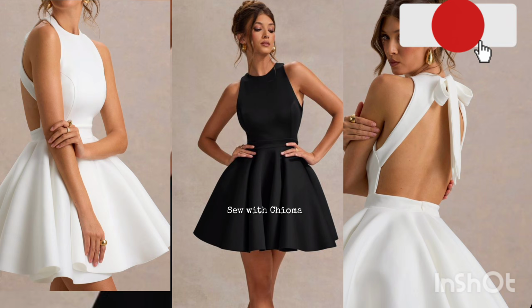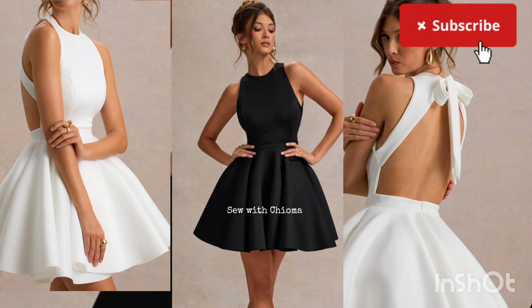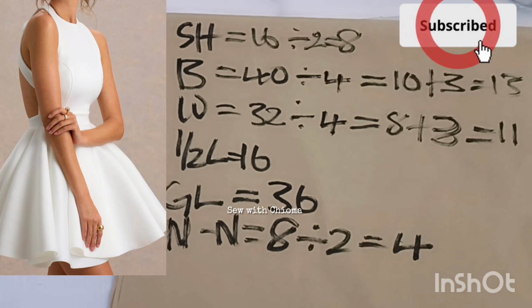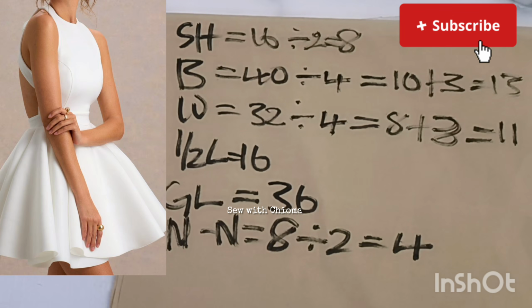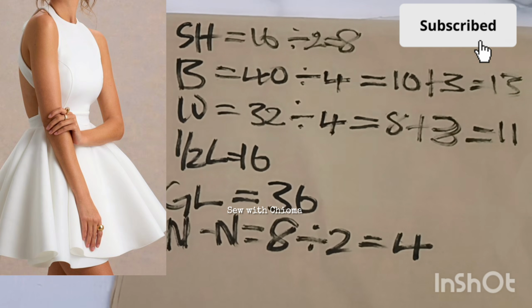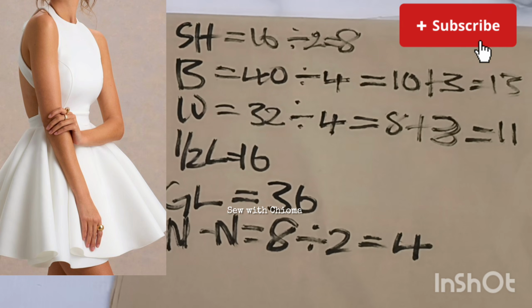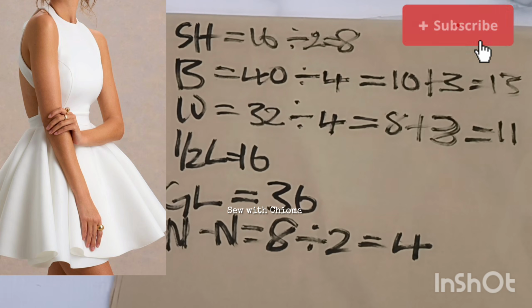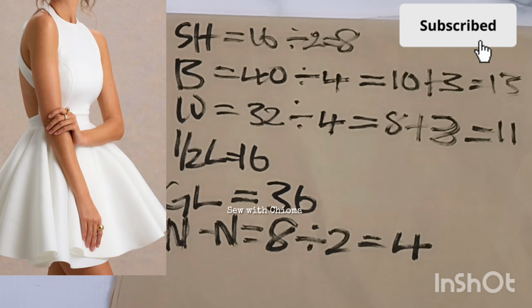So let's dive into it. And you know how we do. We start with the measurements, okay? So this is the measurement. Shoulder 16 divided by 2. Bust 30 divided by 4 gives us 10, plus 3 inches gives us 13 in total. Waist 32 divided by 4 is 8, plus 3 inches gives us 11 in total.